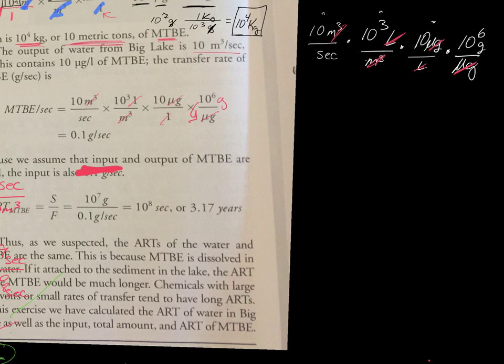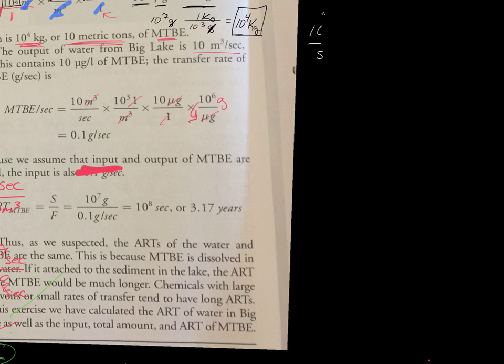Oh, look at what I did. I just copied, and because I copied, I got that number wrong. Think, Mendoza, think. 10 meters cubed divided by seconds times 10 to the 3 liters per meter cubed times 10 micrograms over 1 liter, and that's fine.